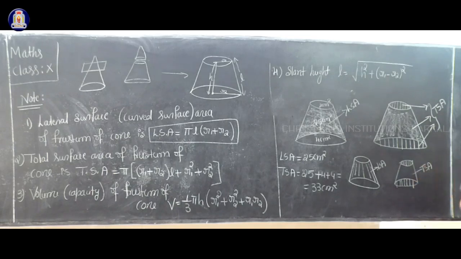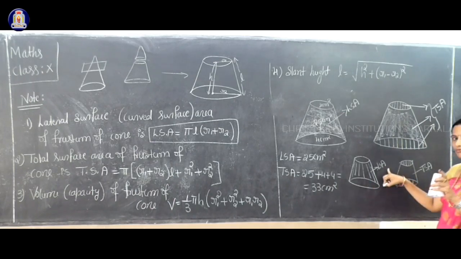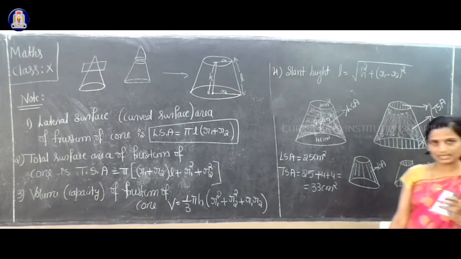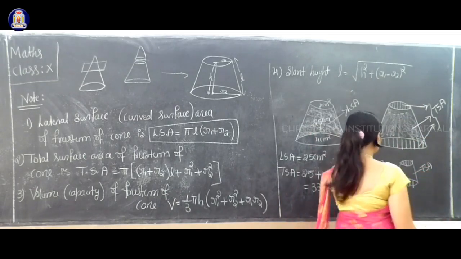Clear? If it is open at both ends and it says find the surface area, you have to find the lateral surface area. If both ends are closed and it says find the surface area, the formula is the total surface area. Clear this? So understand this difference.